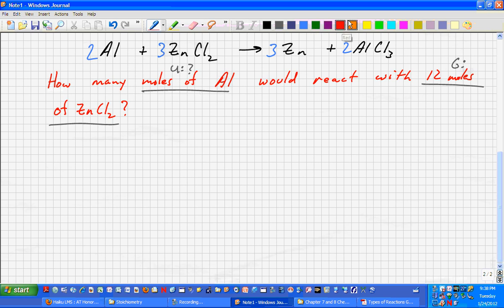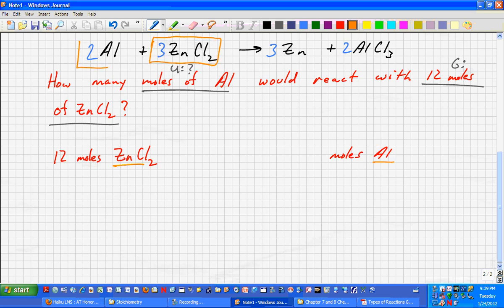Let's go ahead and get started here. 12 moles of zinc chloride. And I want to get to moles of aluminum. Again, I'm going to box in the stuff I'm interested in, zinc chloride and aluminum. So I put a little box around that.